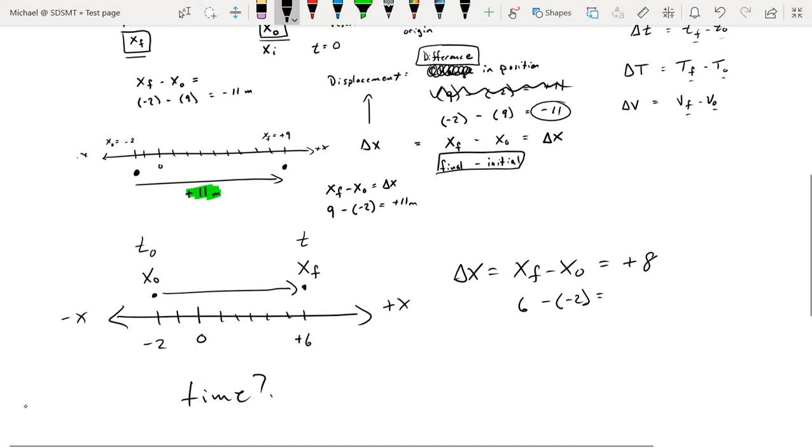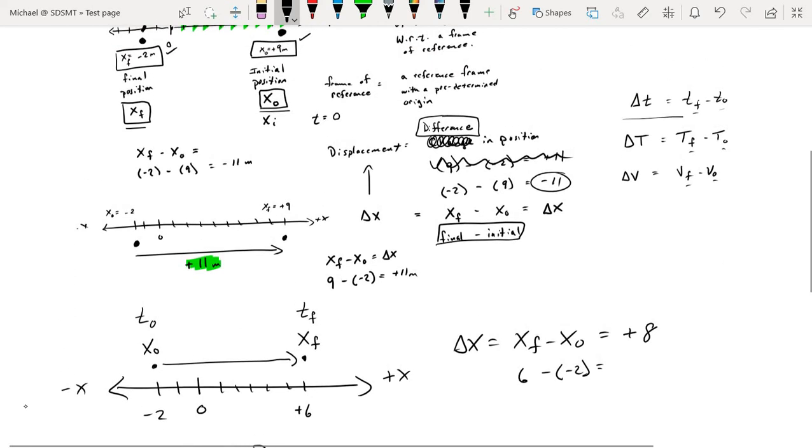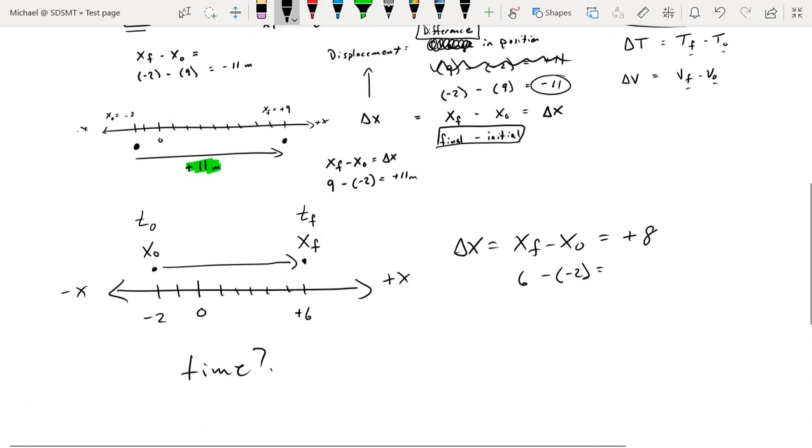Later on, once we get to the final position, there will be a time associated with that final position. And so just like the displacement, we can represent a change in time as the difference in the times that correspond to those position values.